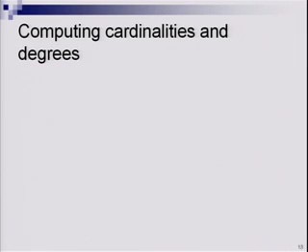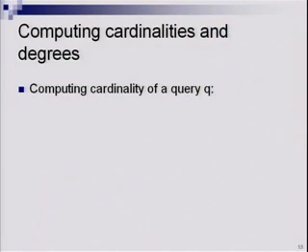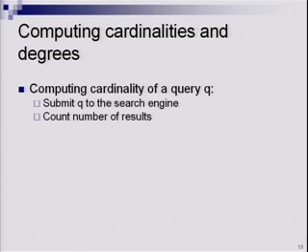It's relatively easy to compute cardinalities and degrees, cardinalities of queries and degrees of documents. So how would you compute the cardinality of a given query Q? You just simply submit Q to the search engine. You get back the results. You do not rely on the reported number of results, because this is notoriously bad. You just count the number of results, and that's the cardinality.